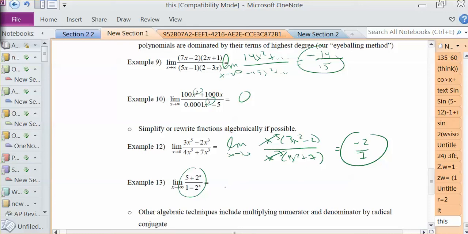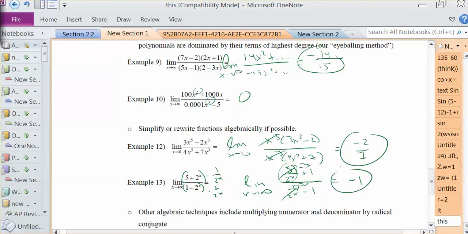You could actually multiply top and bottom by 1 over 2 to the x power, instead of doing L'Hopital's rule. And then as x is approaching infinity, we know that 5 to the 2x goes towards 0. The 1 to the 2x also goes towards 0, so you just get negative 1 in this case.